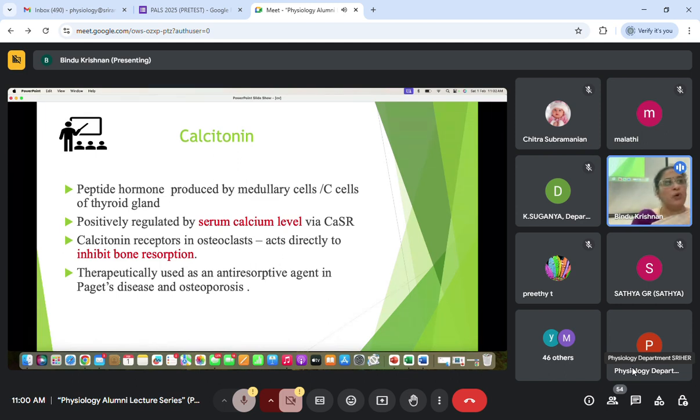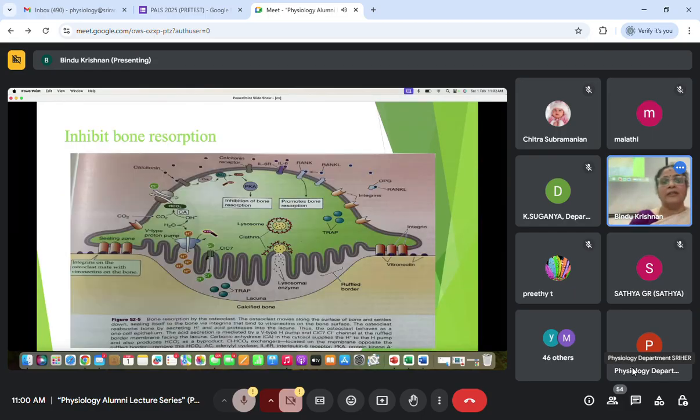Since it inhibits bone resorption, it has found a way into the treatment of osteoporosis or Paget's disease. Right? In this picture, we have already seen the lower part, where the lysosomal enzymes and the HCl have brought about the bone resorption. But if you concentrate on the upper part, here you have the calcitonin coming and binding to the calcitonin receptor, which is present in the osteoclast.